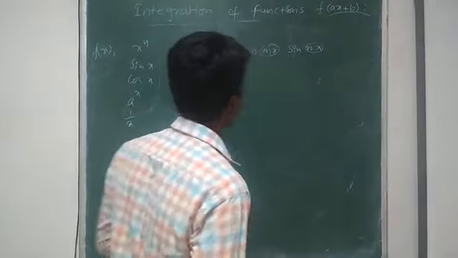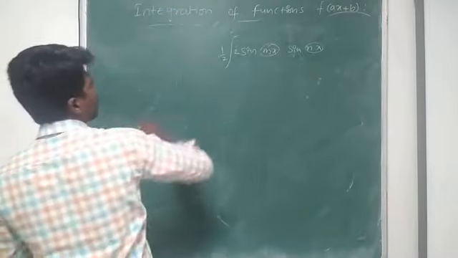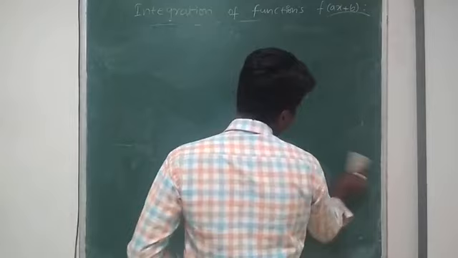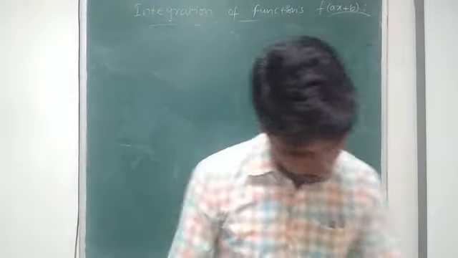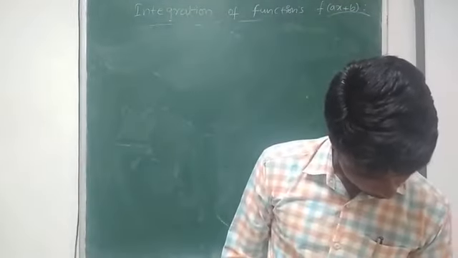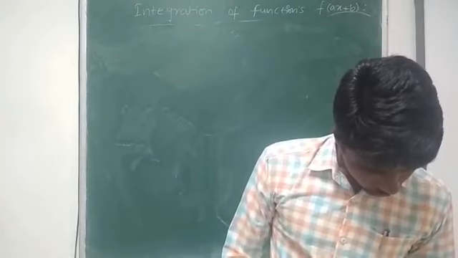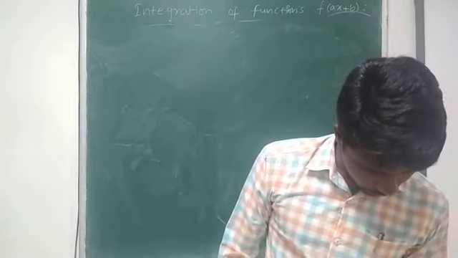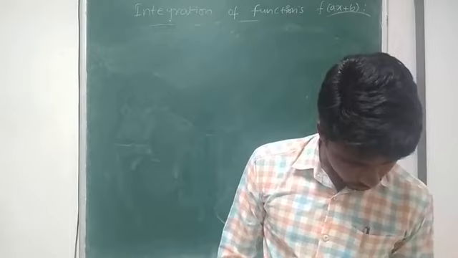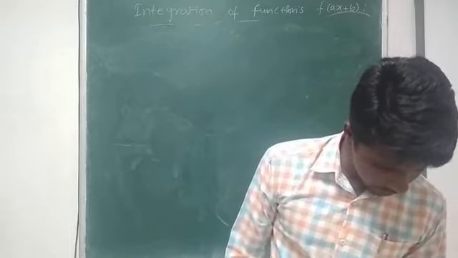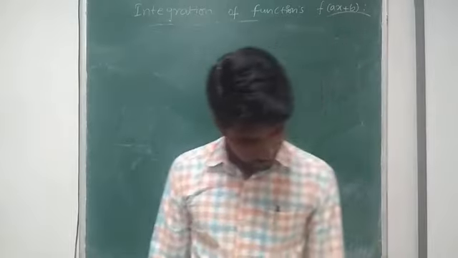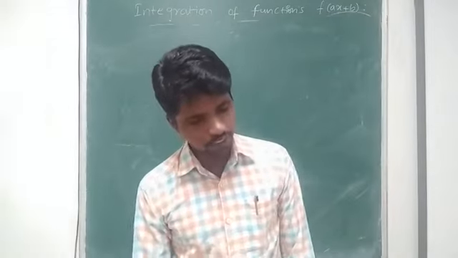So take a problem now. Question number 1. Questions 1 and 2 can be done on your own. So take the third one. Find the antiderivatives of the following functions.